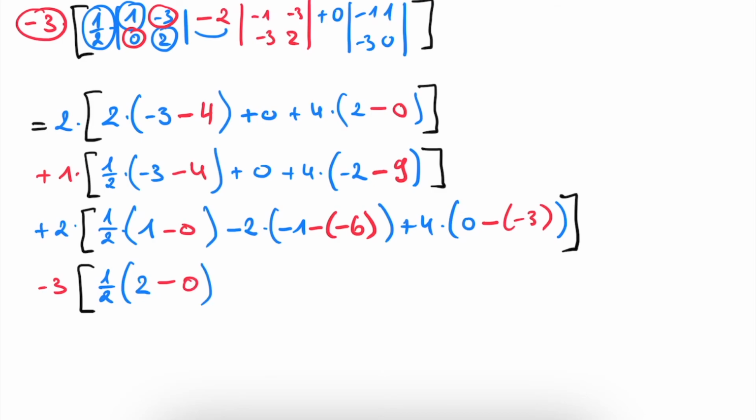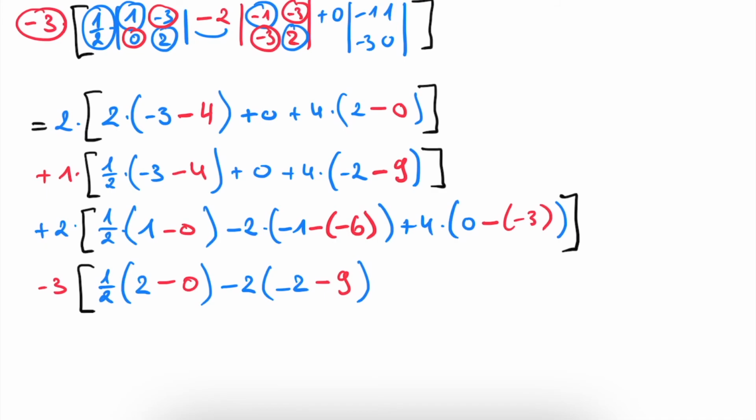Then we have minus 2 times, the determinant of this is minus 1 times 2 is minus 1, minus the product of these two numbers, which is minus 3 times minus 3 is plus 9. So we have minus plus 9 is minus 9.